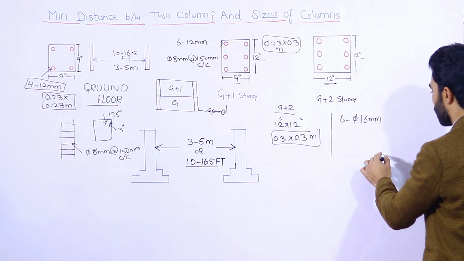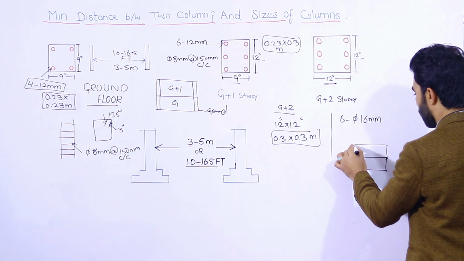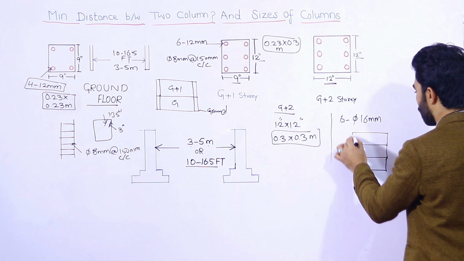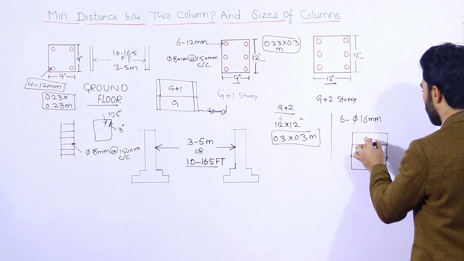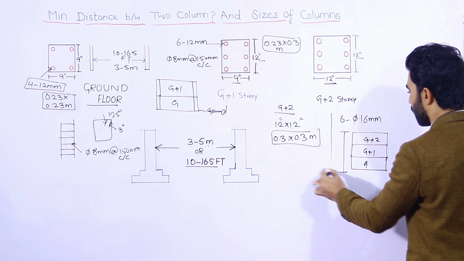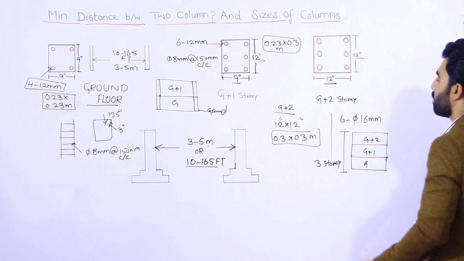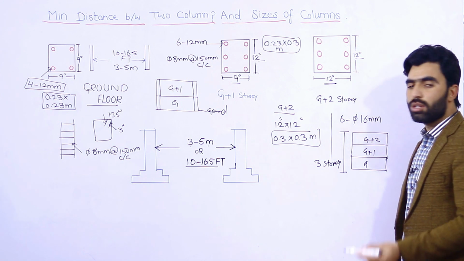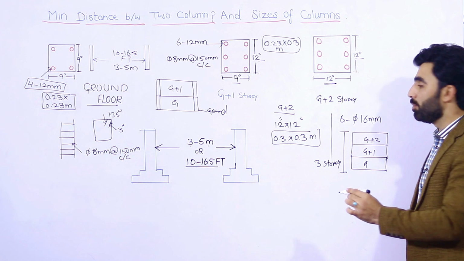For G+2 story, meaning ground floor plus G+1 and G+2, this is the ground floor, this is G+1 and this is G+2. It means this is a 3-story building. So for this, the column size should not be less than 12 by 12 inches. Use minimum 6 steel rods, dia should not be less than 16 millimeter.